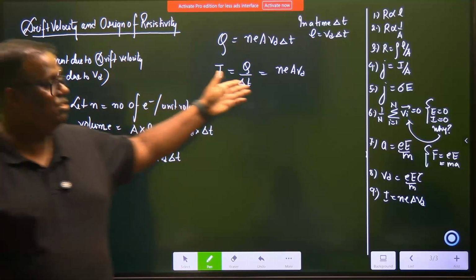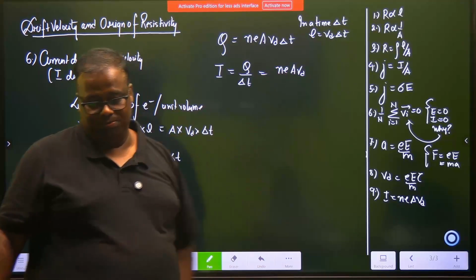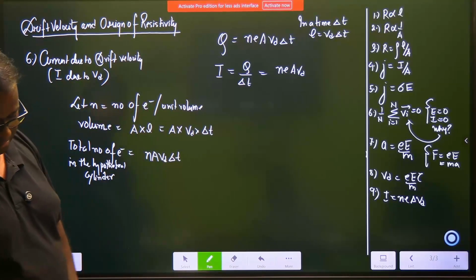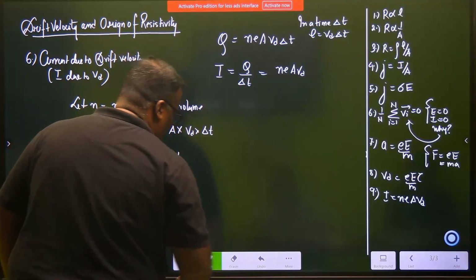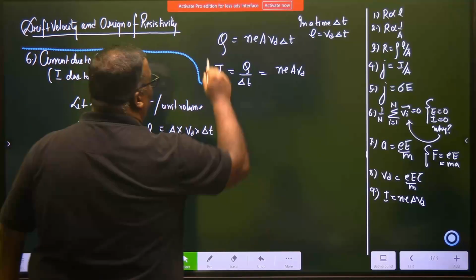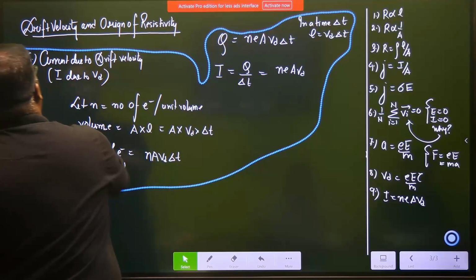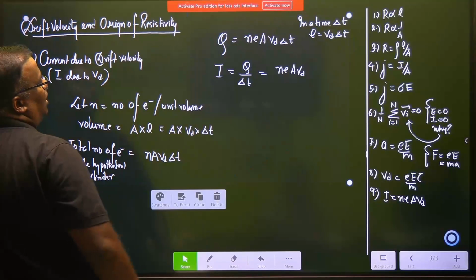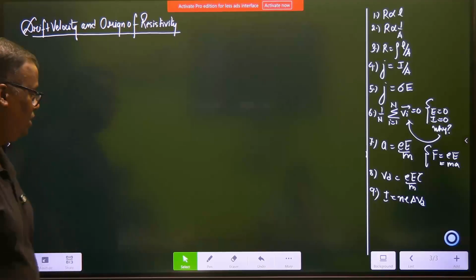Now see, the L is no more visible. Why are we doing all this? We are just trying to define everything from a microscopic viewpoint. Point number 6 is also done.